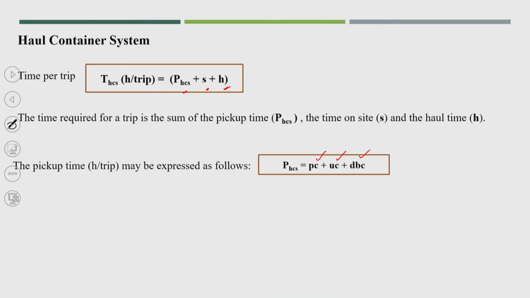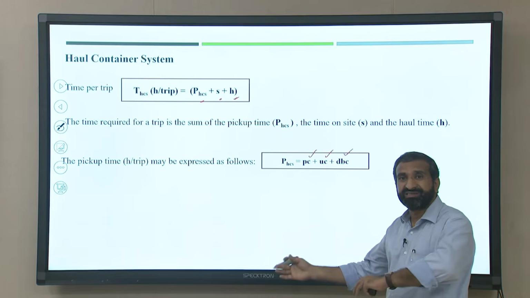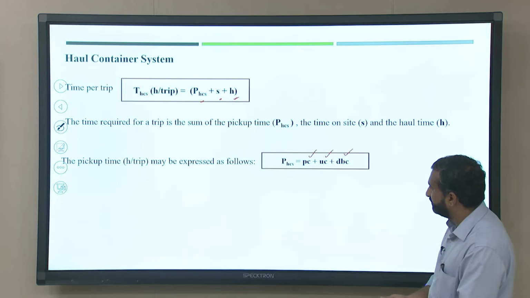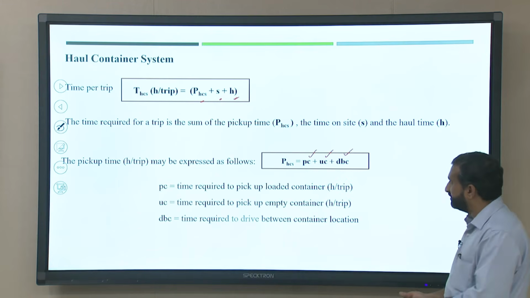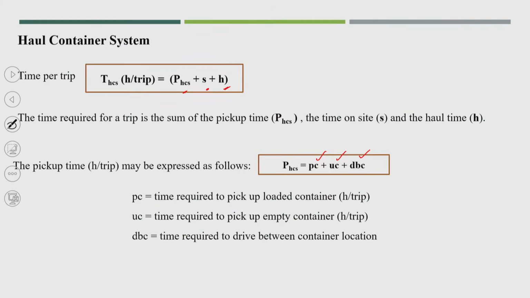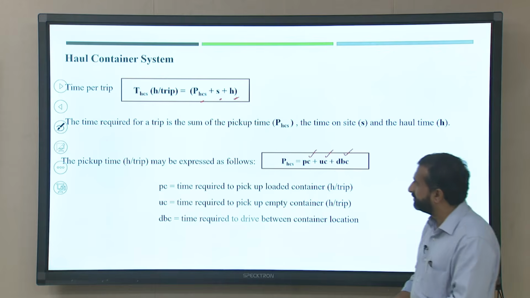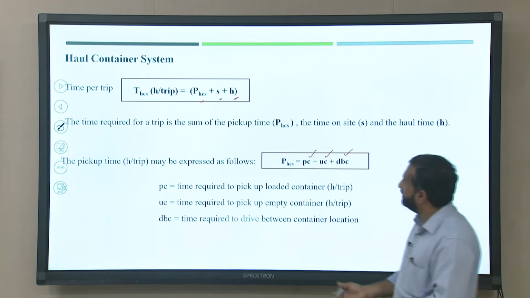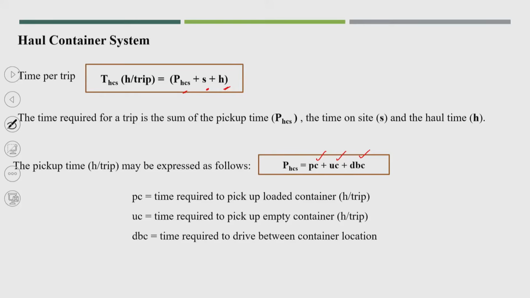That is the pickup time, and it could be different: picking up will be different, depositing the empty container will take its own time, and transportation from one location to another could also be different. PC is the time required to pick up the loaded container, UC is the time required to pick up the empty container, and DBC is the time required to drive between container locations. So, in this equation, we calculate the pickup time by PC plus UC plus DBC.